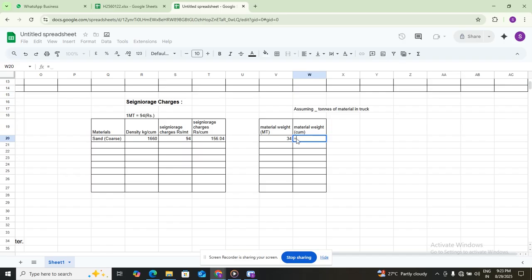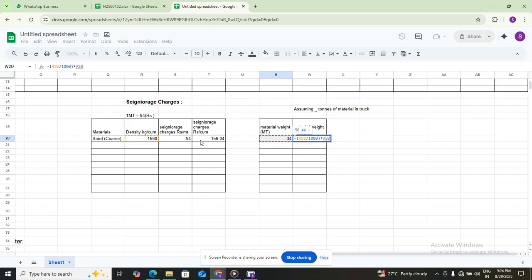Same as before, we need the density of that material, divide and multiply into this one.